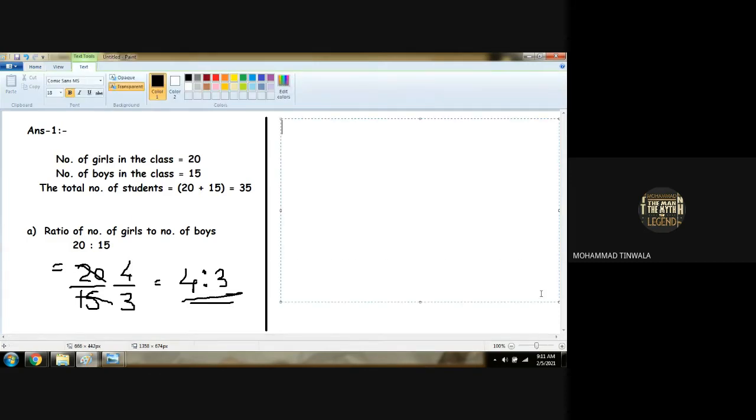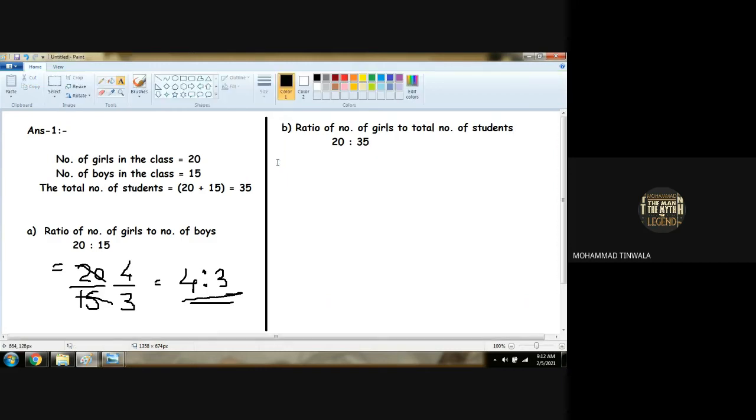Answer number B. We are writing here. Answer B. Ratio of what do we have to find? Ratio of number of girls to total number of students. Right or not? So can I write 20, the number of girls, is to 35, the total number of students? Is that clear?